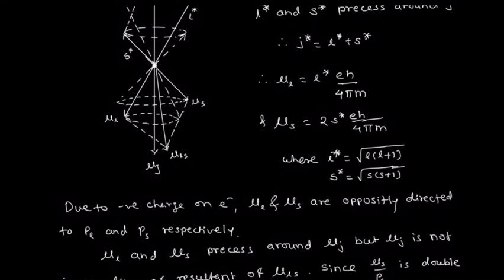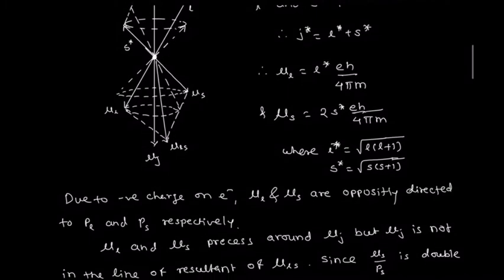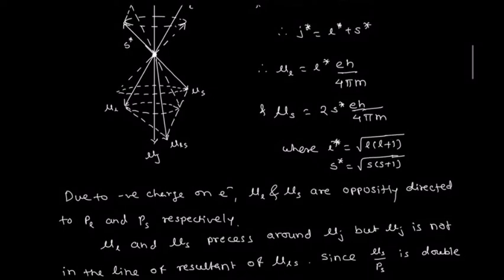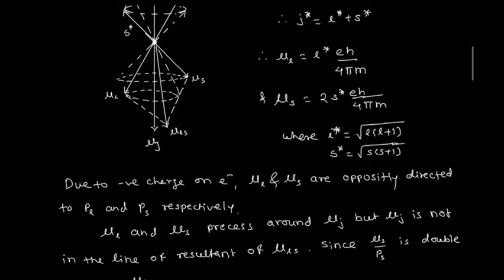Now, why is it not in the direction of the resultant of mu L and mu S? Since the inequality is shown here, the ratio mu S by PS is always double that of mu L by PL.